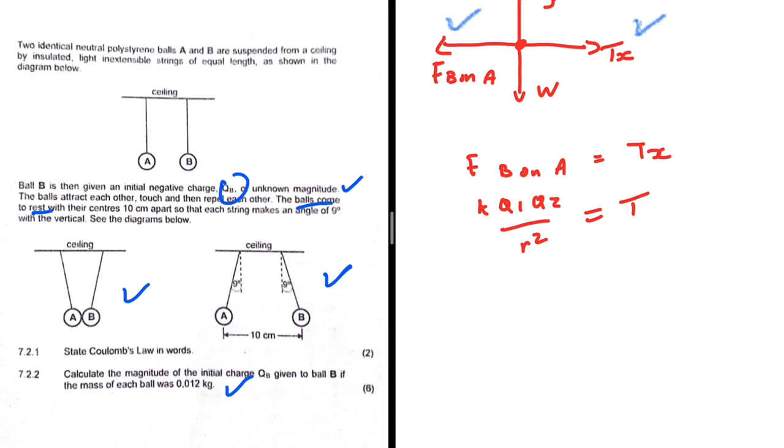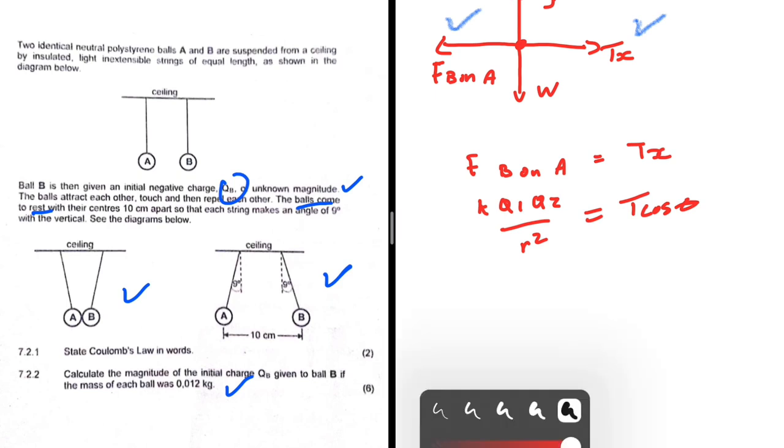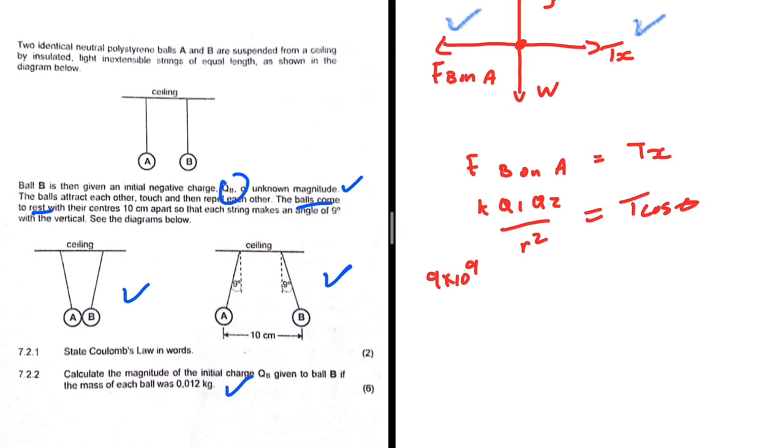Or we can just write it as T cos of theta or sine of theta. T cos of theta, so that is what we have there. So k, that is 9 times 10 to the power 9. Q1, the magnitude on A, is QB over 2 after the charge.